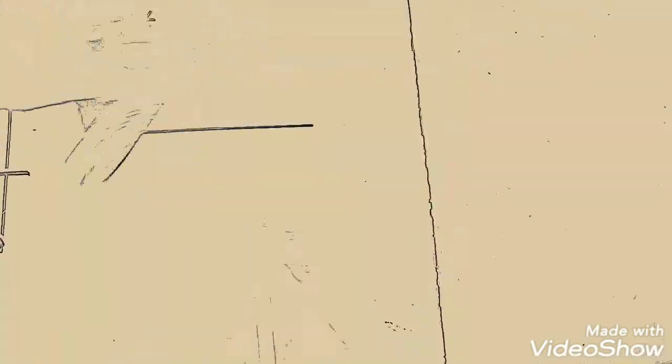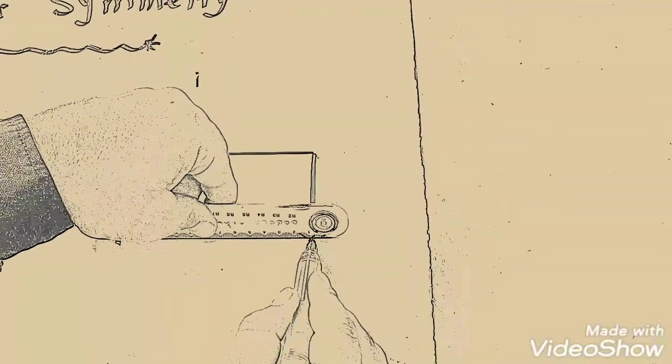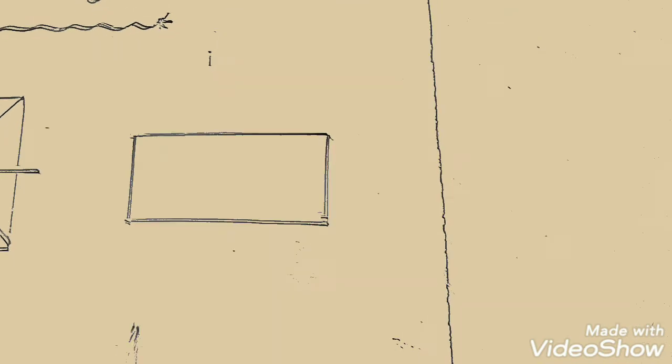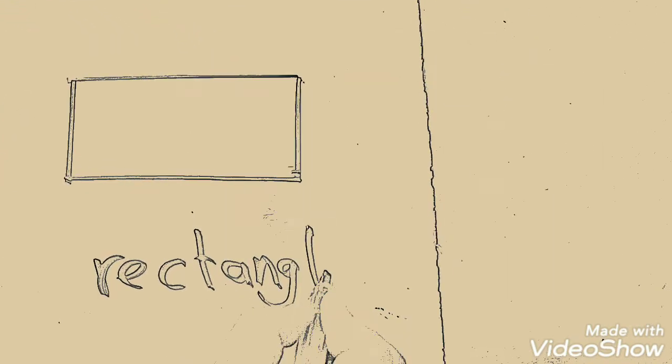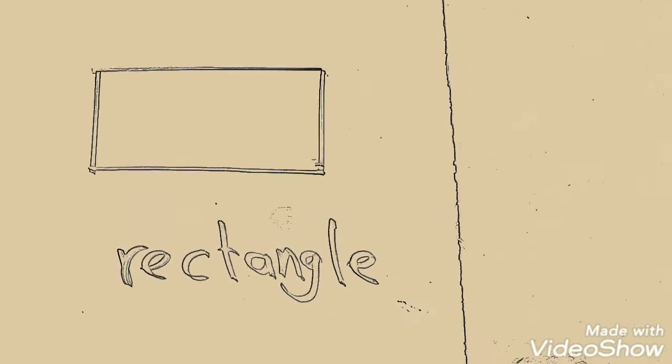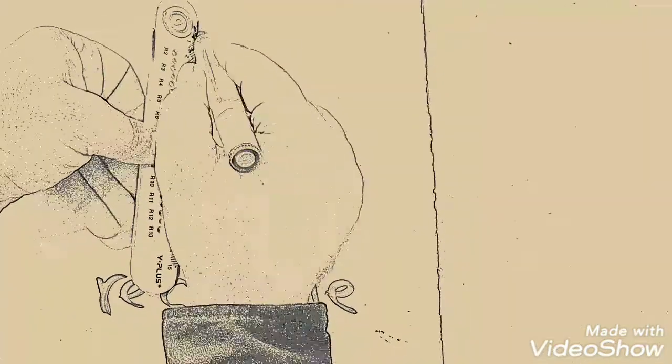Next figure is called rectangle. Rectangle has 2 lines of symmetry.